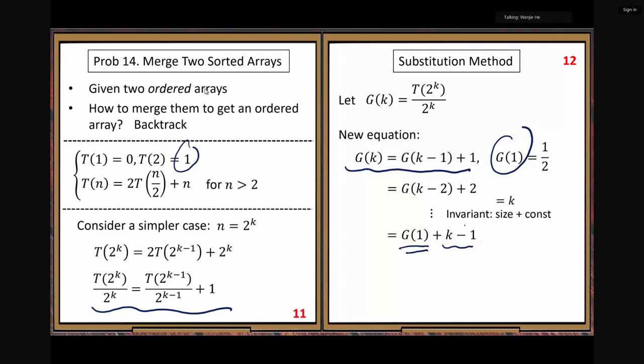Remember, we learned the invariant concept. What is the invariance property here? The sum of these two numbers: the size number and the constant number. Size k minus 1 plus that constant, the sum is k. This row, k minus 2 plus 2, also k.